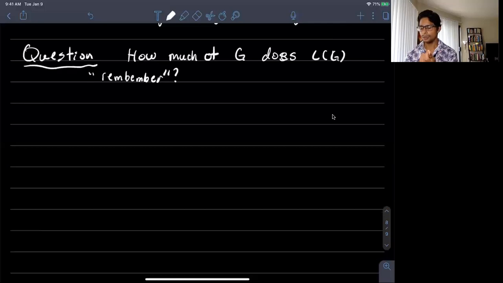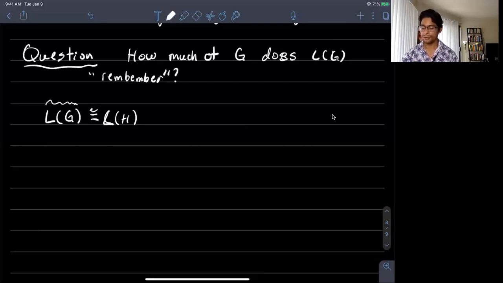Let's start very simple. Is it possible for you to build two potentially different von Neumann algebras? Let's say you started with a group over here.